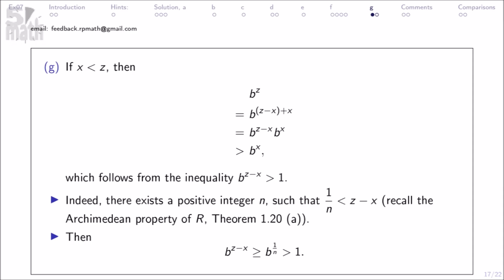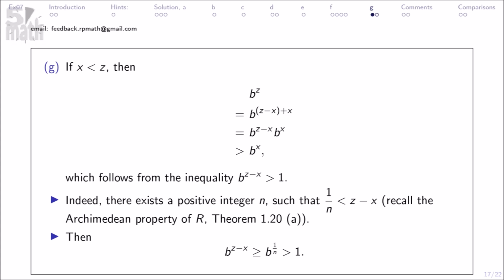G. If x less than z, then b to the z equals b to the z minus x plus x equals b to the z minus x times b to the x greater than b to the x, which follows from the inequality b to the z minus x greater than 1. Indeed, there exists a positive integer n such that 1 over n less than z minus x.